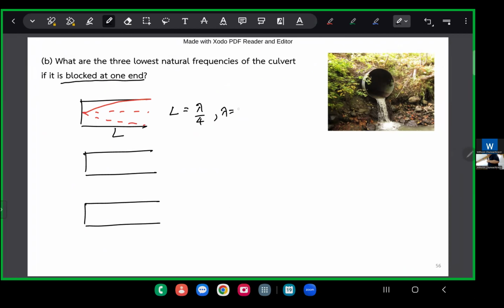So the wavelength is 4 times the length of the tube, and the frequency is V over 4L. That is your fundamental frequency. And because this is a one-end-closed, one-end-open tube, you can only generate odd multiple harmonics. So the next one is going to be F3, triple the fundamental, and the next one is going to be F5, 5 times the fundamental. Your job is also done.